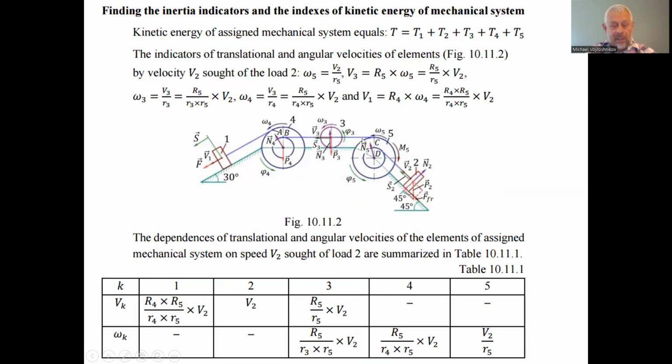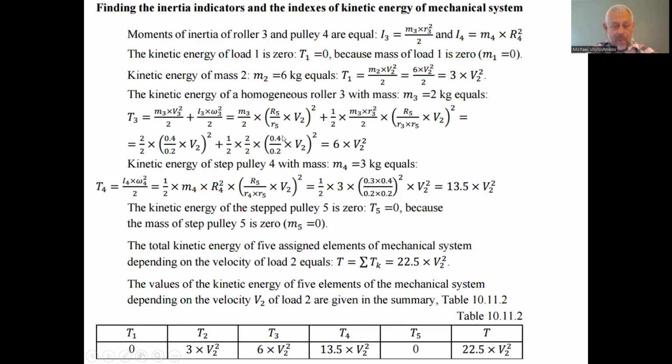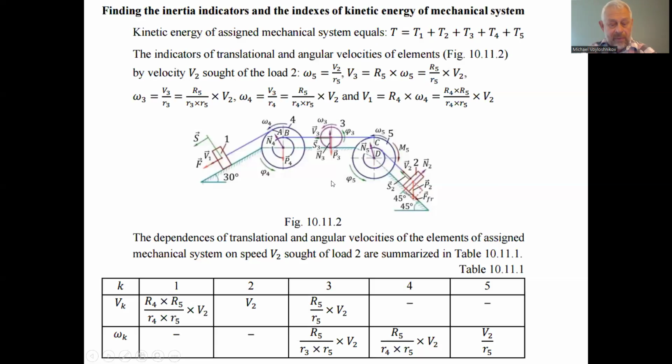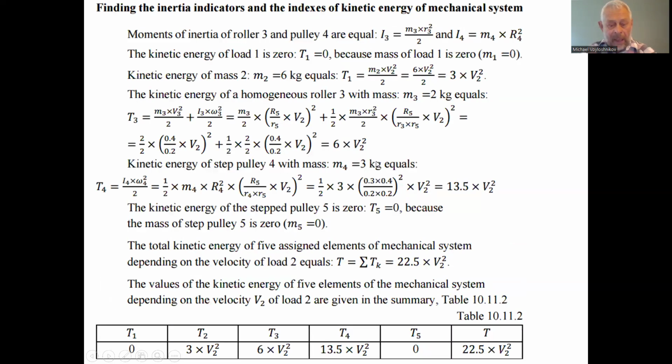But for the angle of rotation, if this roller moves together with the point A, the angle will be equal to the ratio of the translational motion S3 of the third roller divided by the outer radius of the fifth pulley.